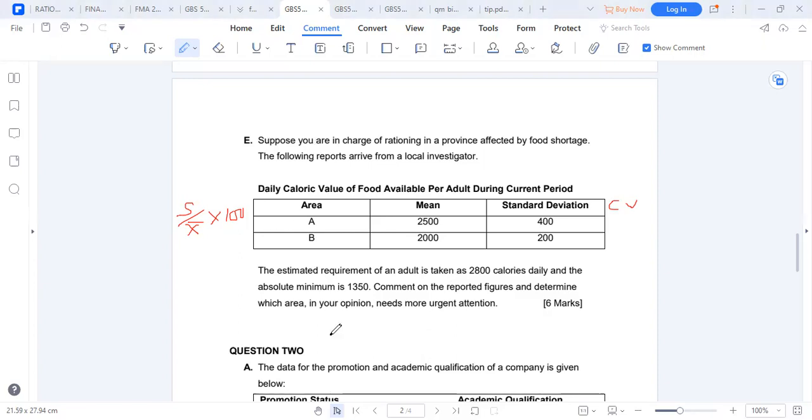So what is the implication of having a higher coefficient of variation? What does this mean? I think I taught this some time back. What does it mean when you have a higher coefficient of variation? I explained this quickly.